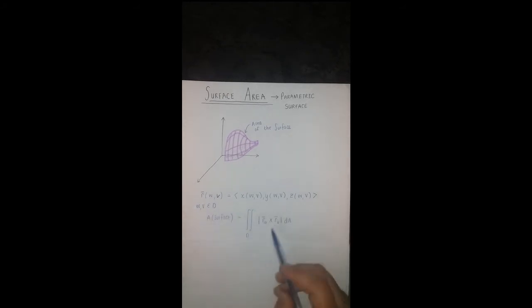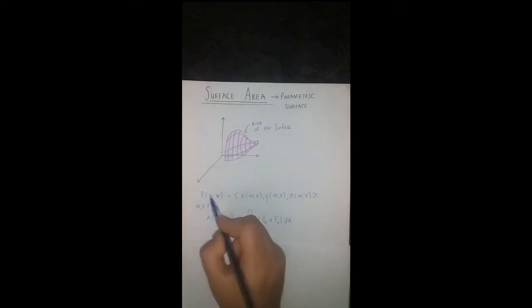How we get to that is we parameterize our surface and we have our boundaries, and then our equation for the surface area is the following. You partially derive your parameterized equation towards the first and then the second parameter.